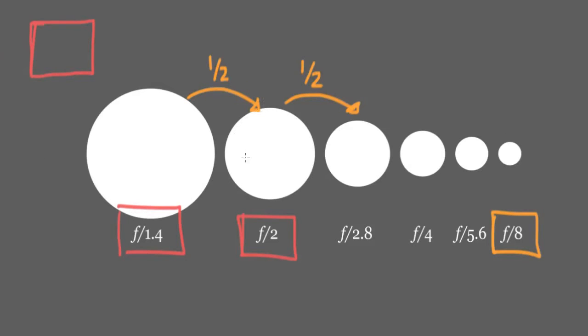But the important thing to know is that as you're moving towards f22, which is at the very top of this, you can imagine how small that is. As you move in that direction, you're having less light come into the lens, but as a result you're seeing more things in focus. So at f1.4 you have a little field of focus like that, and at f8 you have a field of focus like that.